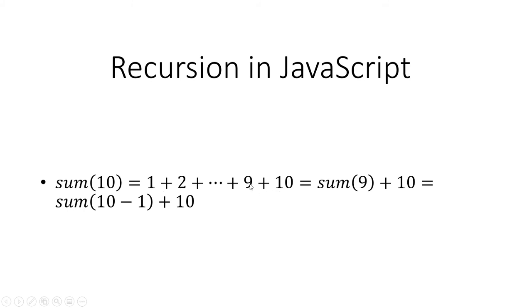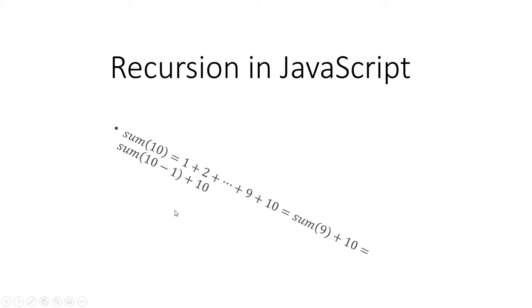Since we can compute the first 9 numbers, we can substitute those 9 numbers with sum sub 9 and add the last number 10. And the 9 here we can substitute with 10 minus 1, so essentially sum 10 is equal to sum of 10 minus 1, plus 10.